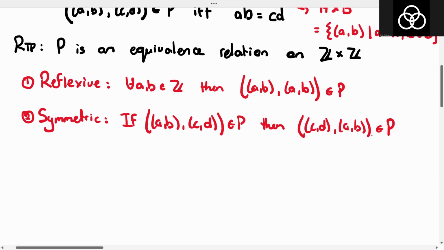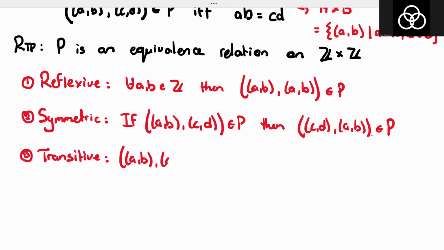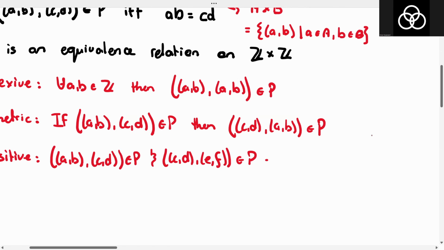And the last one, transitive. Right? So if we have some (a,b), (c,d) belongs to P, and some (c,d) and maybe (e,f) belongs to P, then (a,b), (e,f) will belong to P, right?